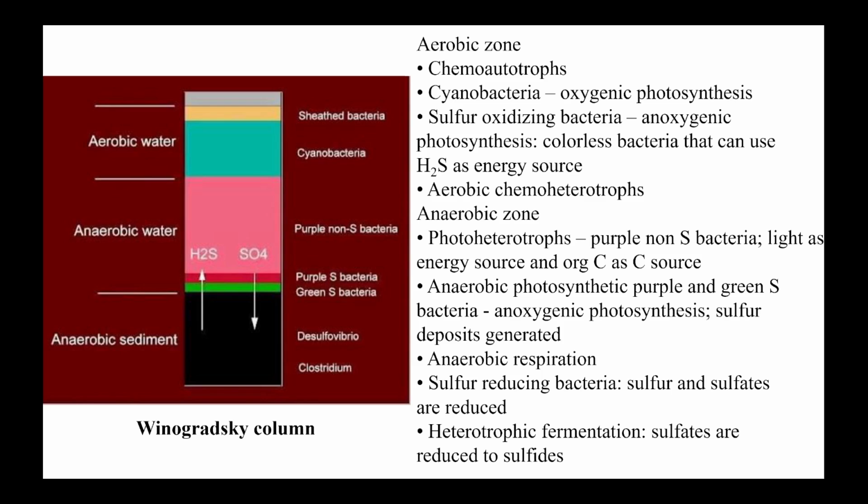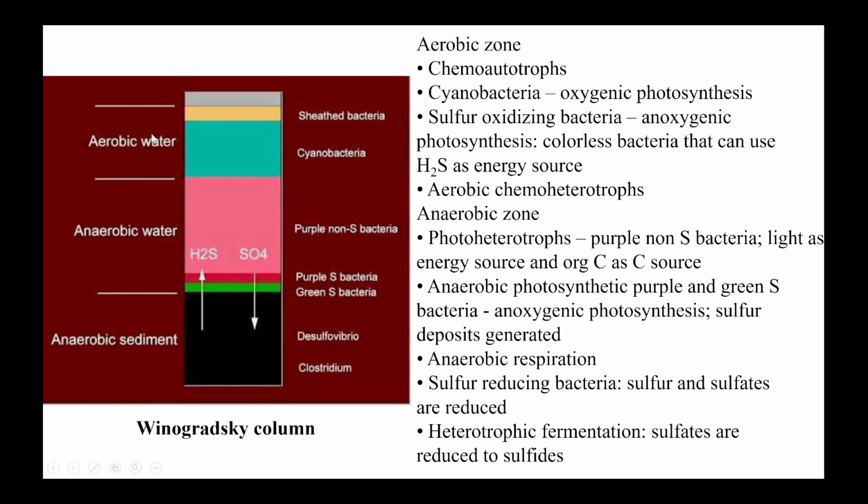Okay. And we add certain nutrients, certain carbon source. You can add shredded newspaper as a carbon source. You can add some nitrogen source and sulfur source. Or you can take the soil containing all these nutrients, okay? And then you fill it with water.